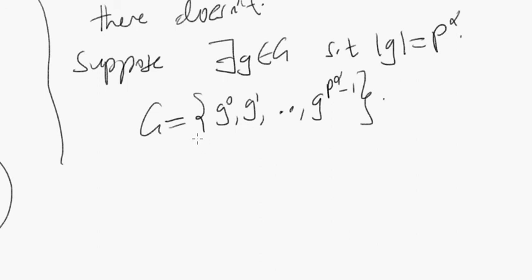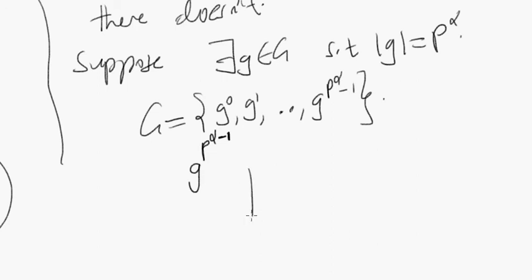Now let's think about the element g to the p to the alpha minus 1. What is the order of that element?